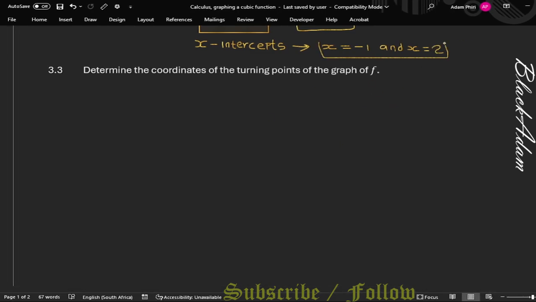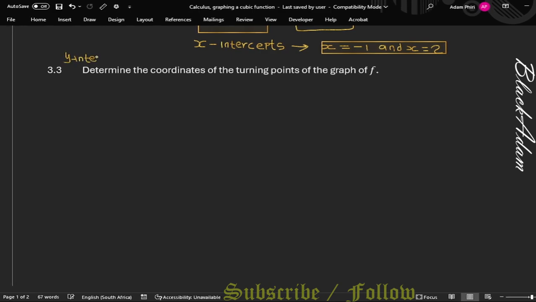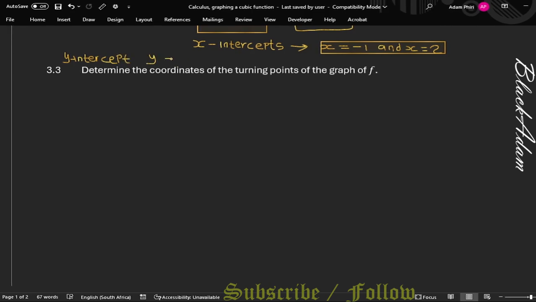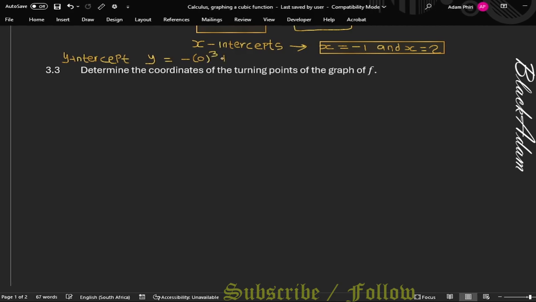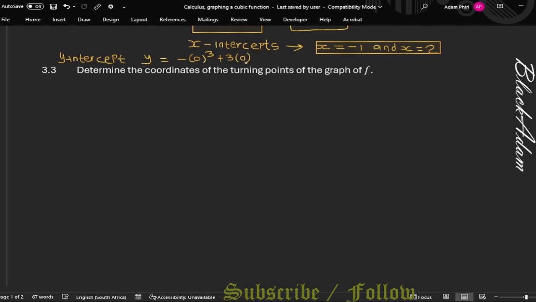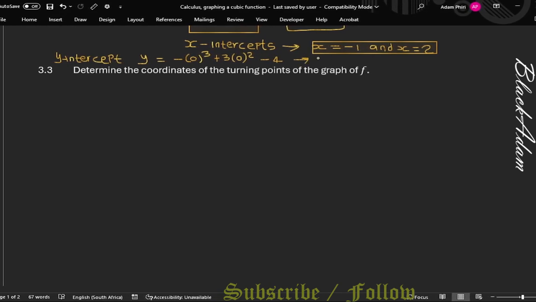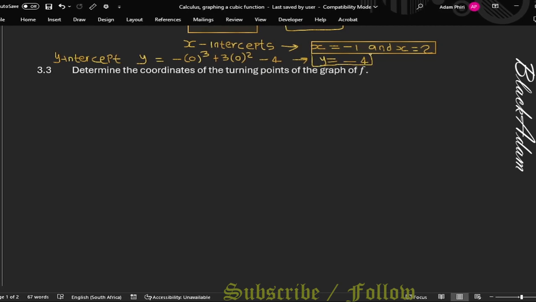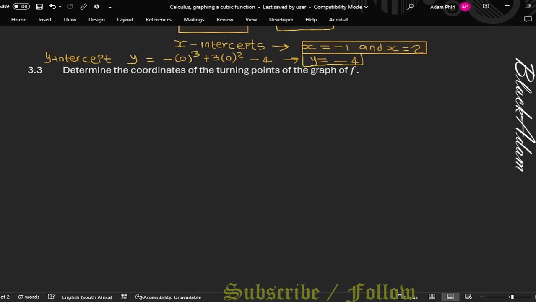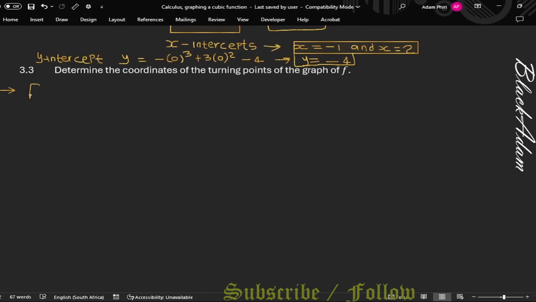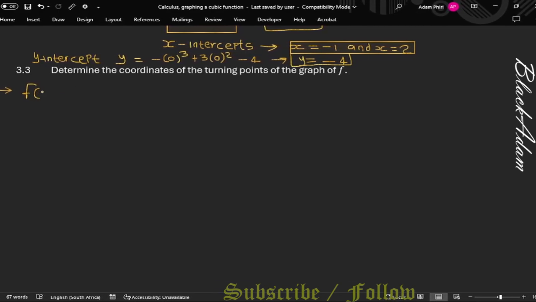And for the y-intercept, remember our original equation, y equals negative 0 cubed plus 3 times 0 squared minus 4. So our y-intercept is going to be negative 4. That's our y-intercept. And now the third step, we are required to find the turning points.